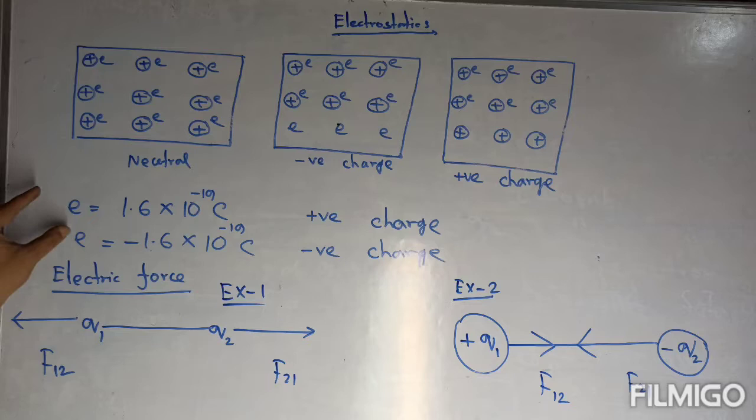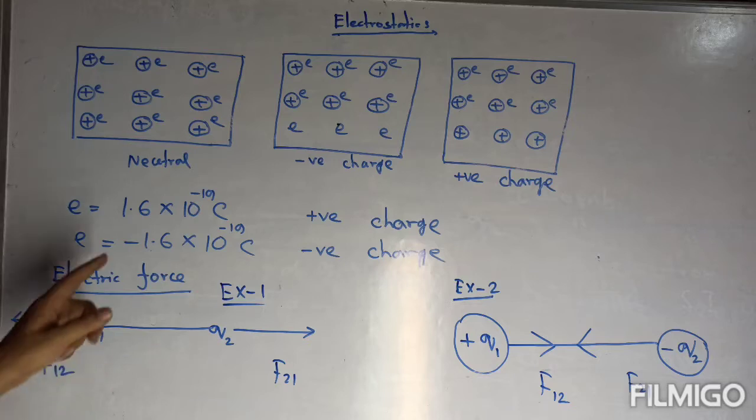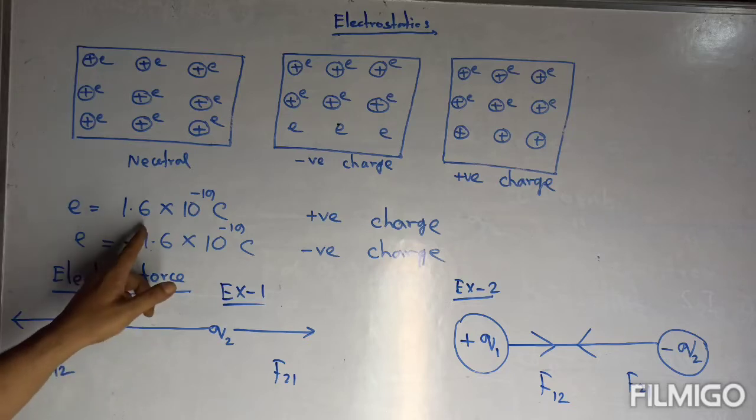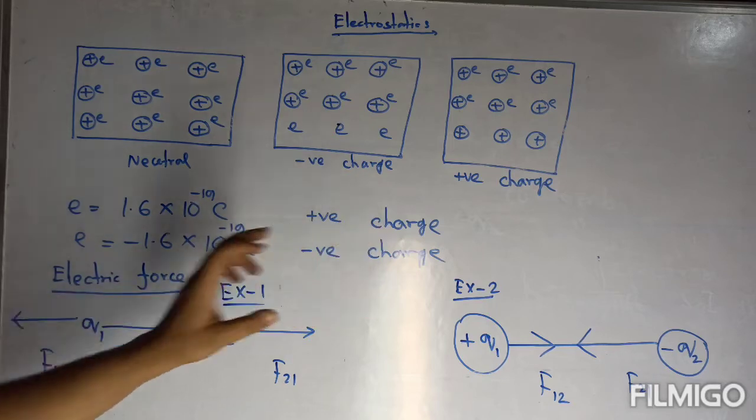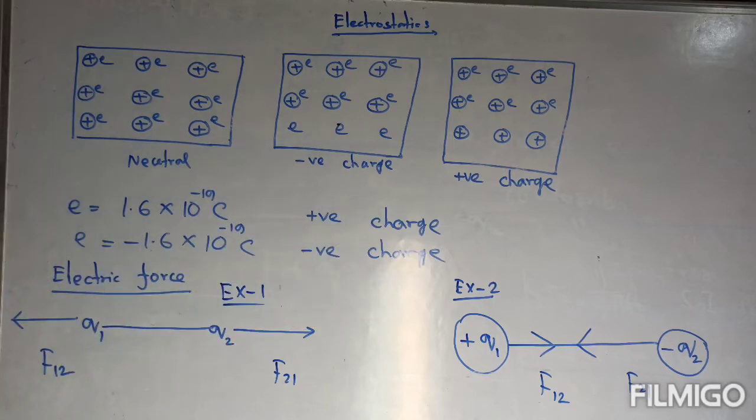So what is the magnitude of one electron's charge? The magnitude of one electron's charge is 1.6 times 10 to the power minus 19 coulomb. Okay, sorry, actually, the magnitude of the electron's charge and the magnitude of the proton's charge are the same.